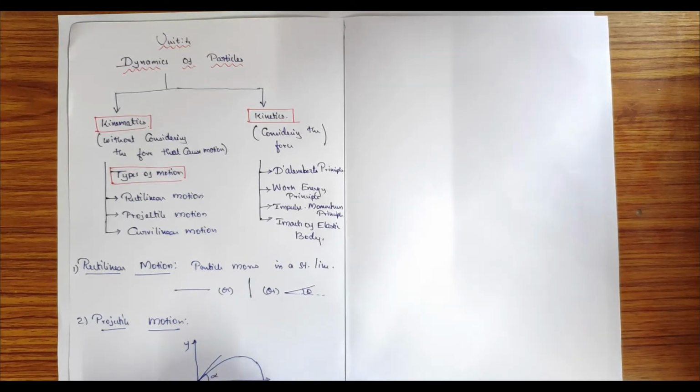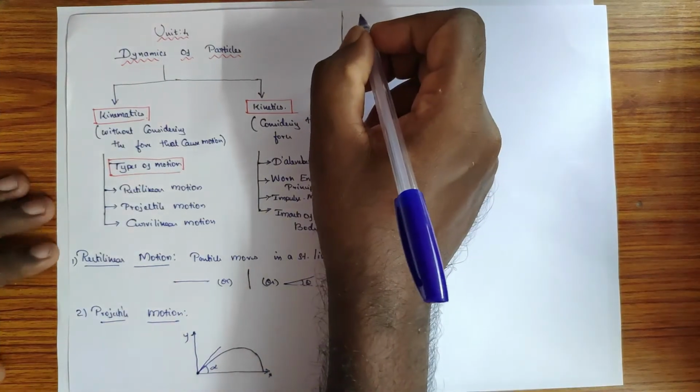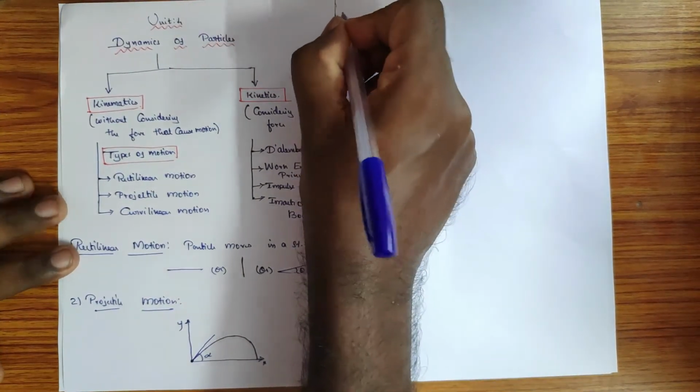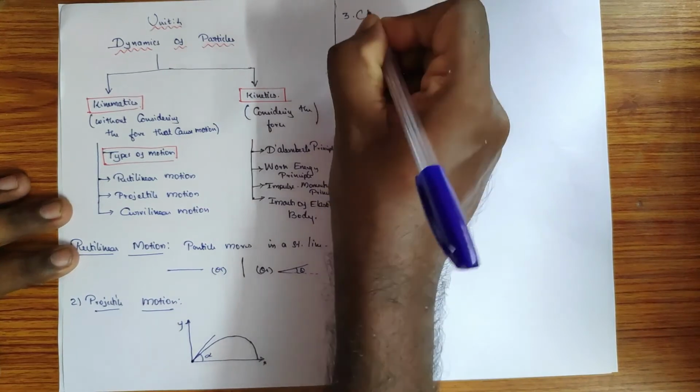For projectile motion, I can give examples: a bullet fired from a gun, throwing a cricket ball from one player to another, a stone thrown horizontally from the top of a tower. Right? Let's move to the third one, which is curvilinear motion.